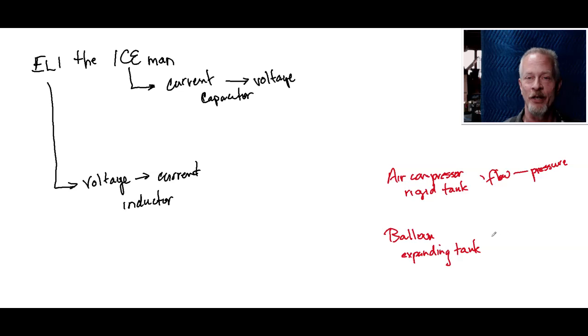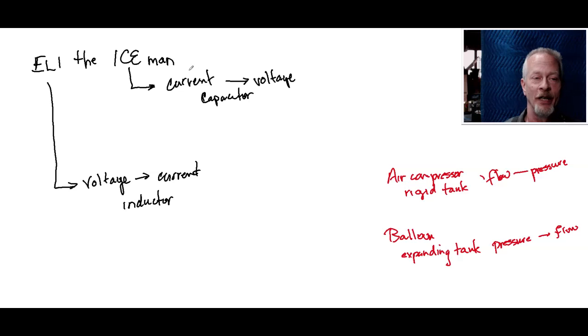You have to get pressure going in your lungs, in your mouth, to get that expanding tank to expand, and once you've applied the pressure, only then will flow start to happen. So we can write down that pressure here leads to flow.